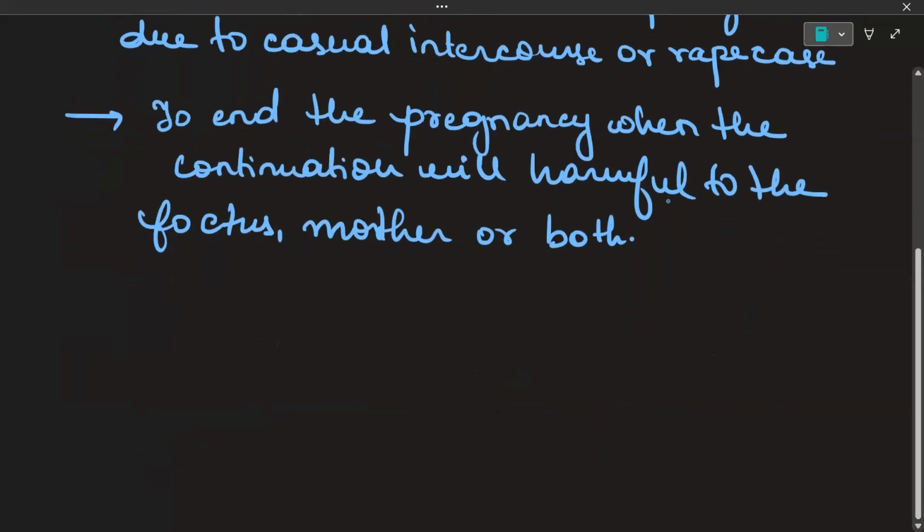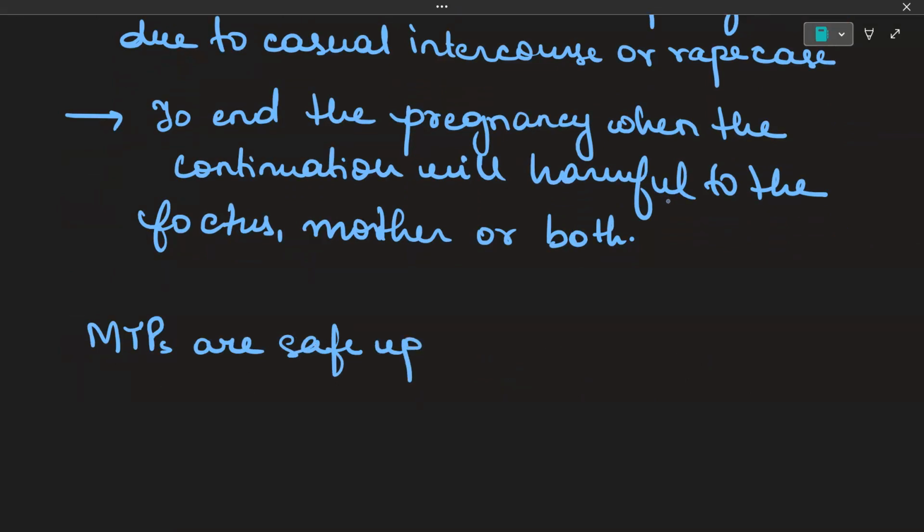Also, listen very carefully. MTPs are safe during the first trimester, meaning up till 12 weeks of pregnancy, the MTPs are safe, meaning no complications would be there. So we can say that MTPs are safe up to the first trimester, meaning this procedure will not cause harm to the mother.